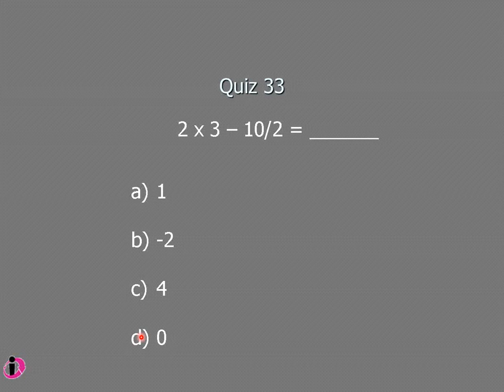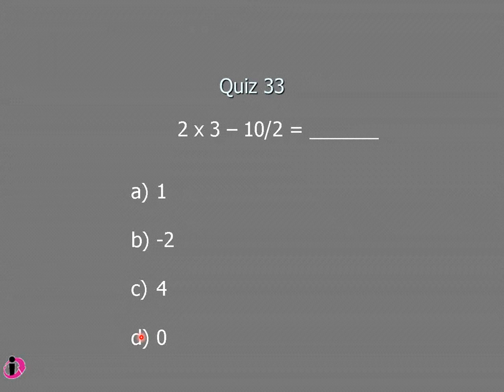So let's look at a couple of small arithmetic examples here. So, what operators do you have? You have multiplication, you have division, you have subtraction. So first of all, you have to deal with multiplication and division. Now, out of multiplication and division, which one will you deal with first? The one you have on the left side, right? Which is 2 times 3.